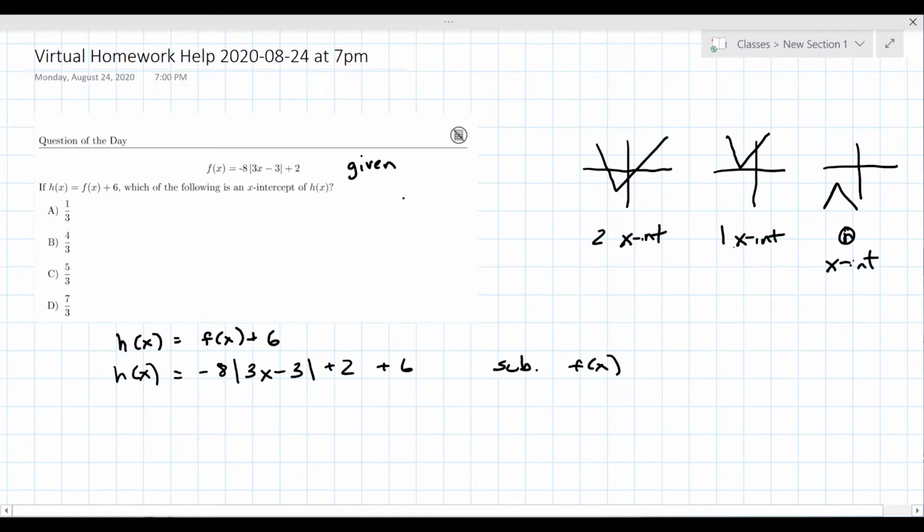So to find the x-intercept, we're going to set h of x equal to 0. So we're going to put 0 in to the left-hand side here. And 2 plus 6 is 8. We want to isolate the absolute value term here, the absolute value of 3x minus 3. That means we want to get everything else on the other side of the equation. To do that, we'll subtract 8 from both sides.